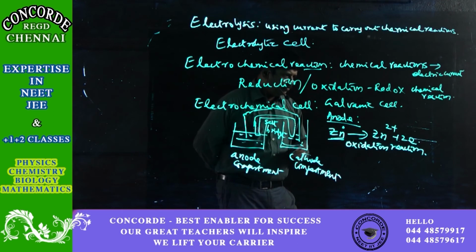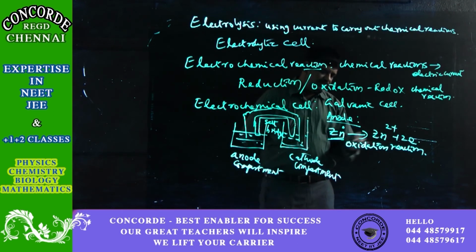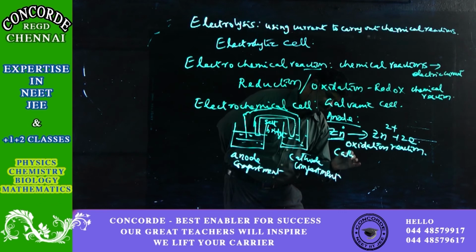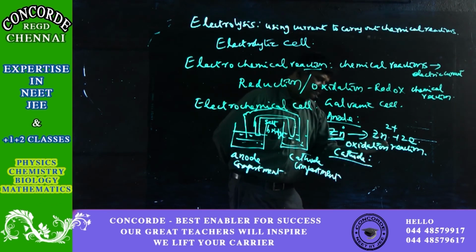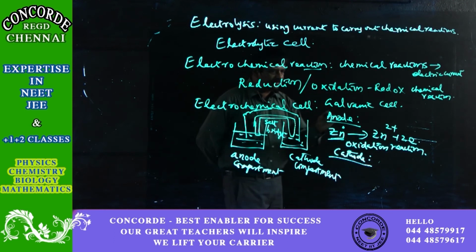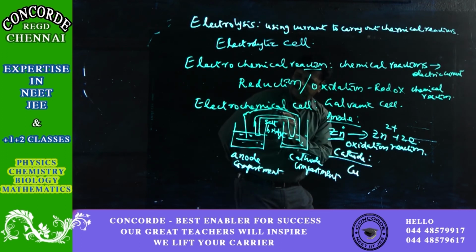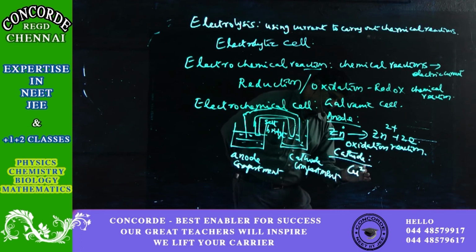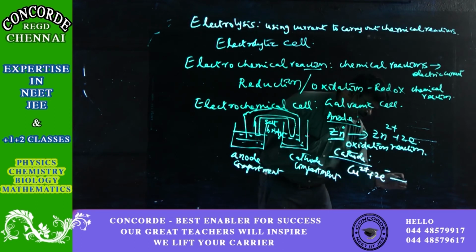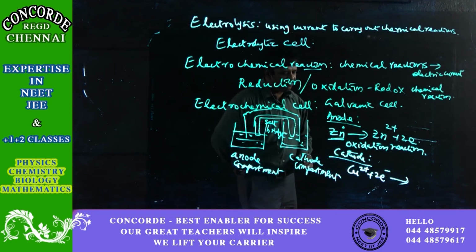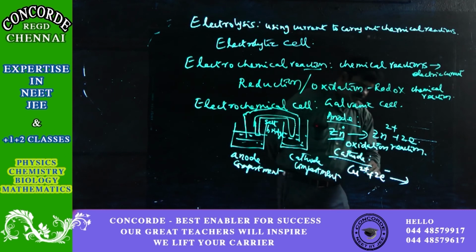These 2 electrons will be consumed. So what happens in the cathode compartment? Here, in our typical galvanic cell, you have copper. The copper 2 plus solution consumes these 2 electrons to become Cu.